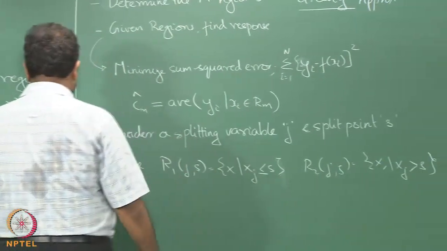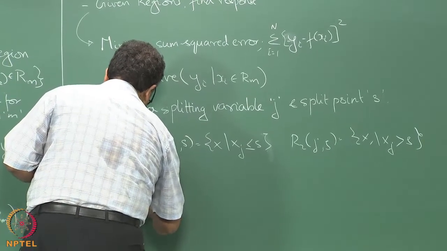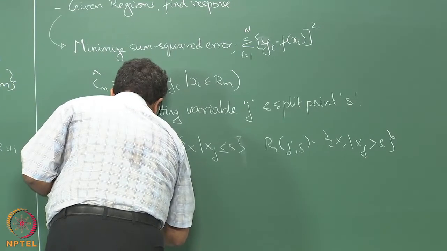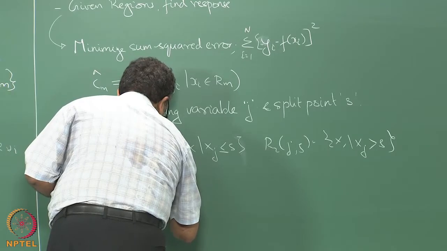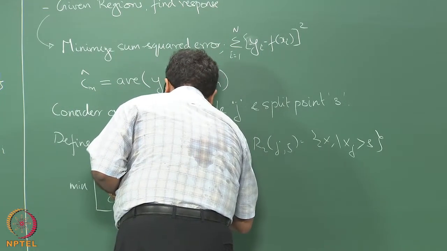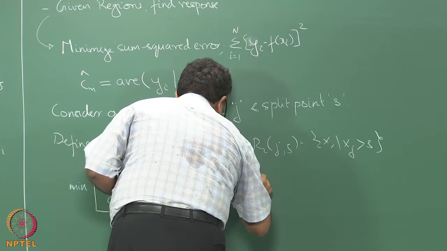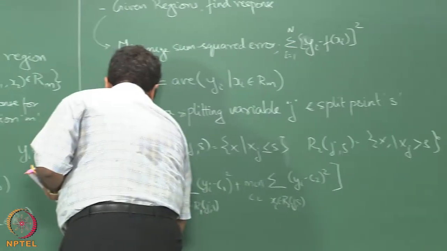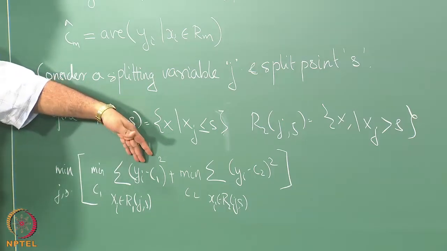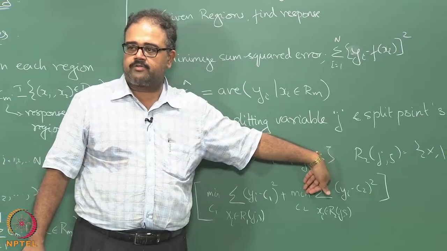What we really want are j and s such that, if I fit the best value for the points that lie in R1 and the best value for the points that lie in R2, that is what the inner minimization is.